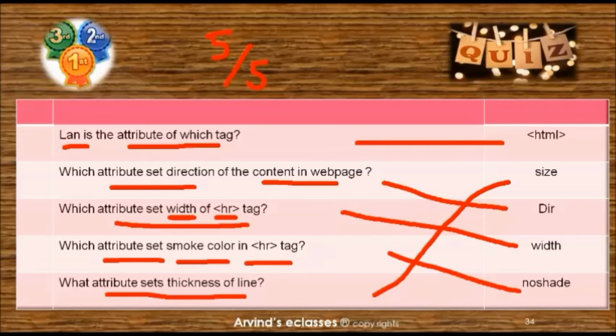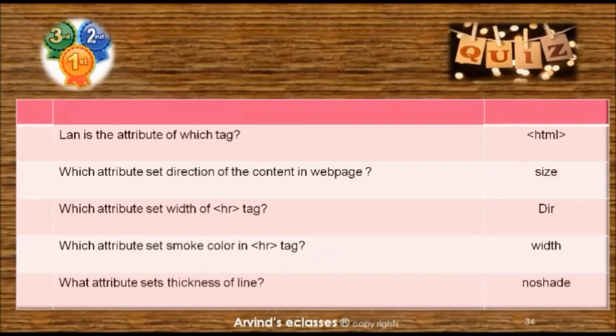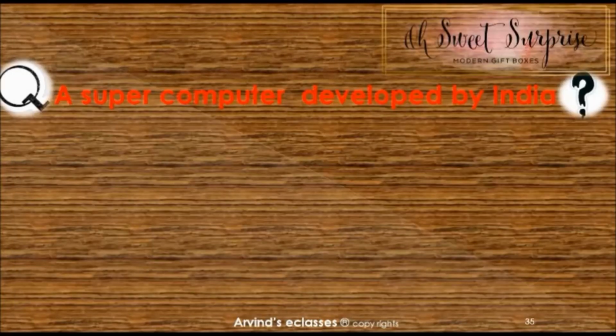So your quiz is done. Now let us move to the last section. And what is that? Yes, it is your surprise question. And today's question is: a supercomputer which is developed by India. I give you 5 seconds. 5, 4, 3, 2, 1.